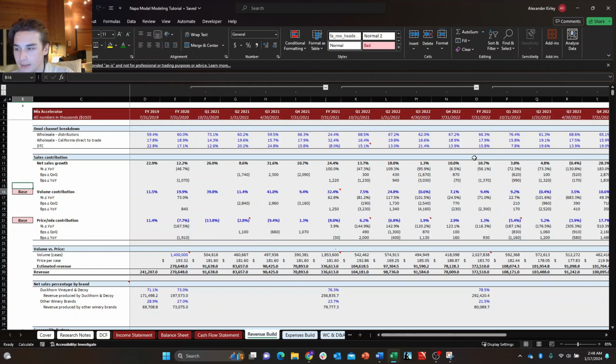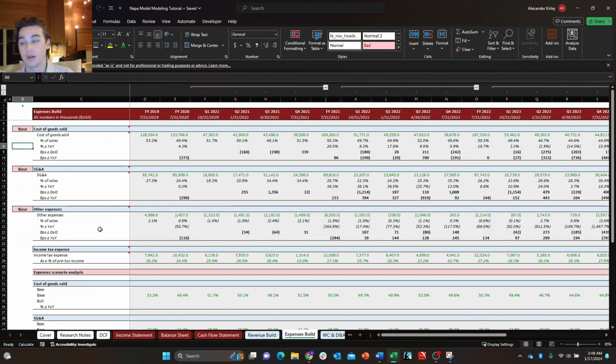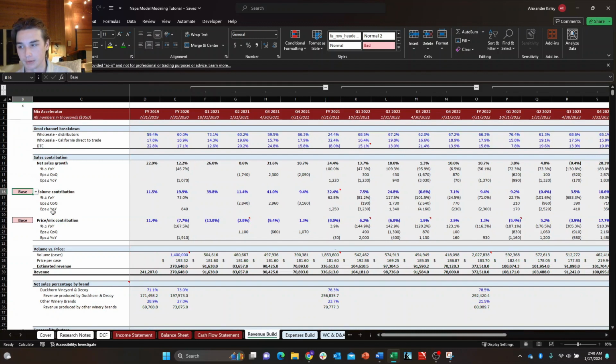Now, let's get into what exactly we're trying to do. The whole idea is we have all of the different cases that we can toggle individually. However, what we don't have is one button. So I don't want to go through every single one of these things and have to toggle to change my assumptions, right? I have my expenses build, my revenue build. These are all different things that I just want to press one button and it be able to give me a certain outcome.